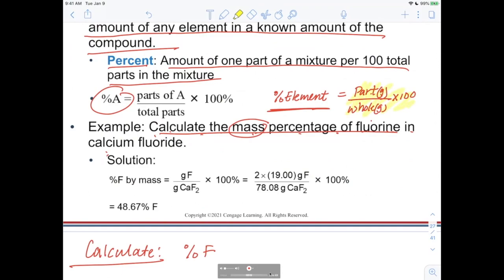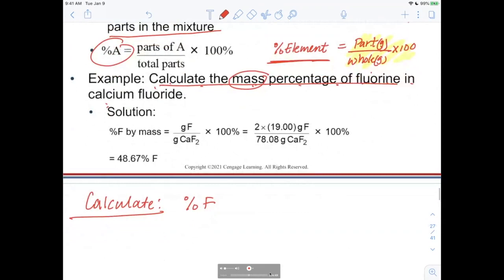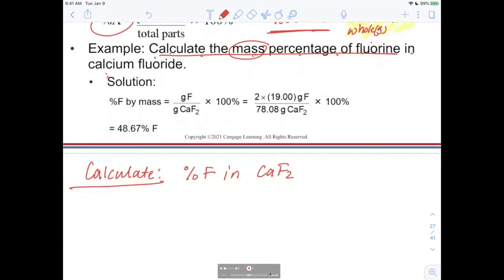And so our part is fluorine in calcium. Calcium is 2 plus. I'll just write the formula because y'all will figure that part out. Calcium fluoride, correct? Okay. Percent fluorine in calcium fluoride. Let's do this.